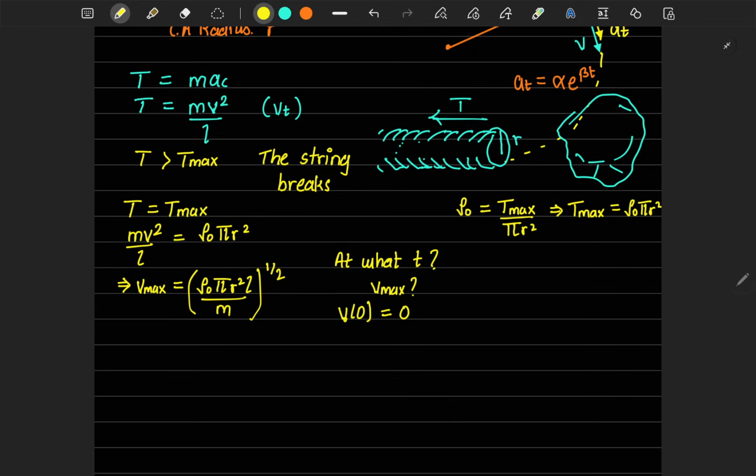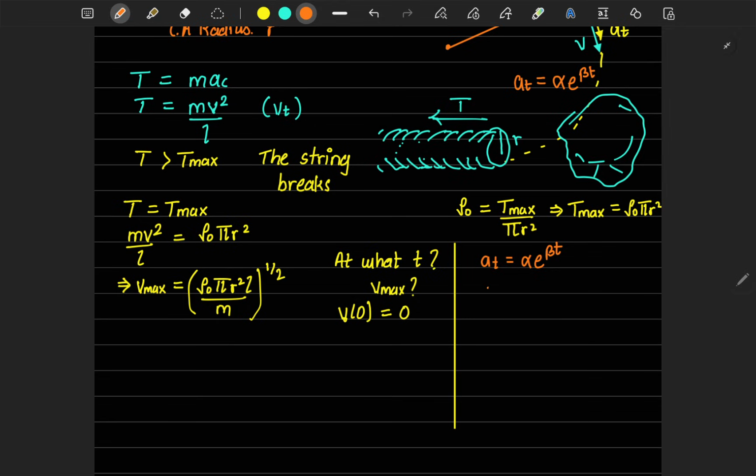Okay, so how do we find the time at which the velocity will be max? We'll do that using calculus. We've been given the acceleration equation: tangential acceleration is equal to alpha e power beta t.